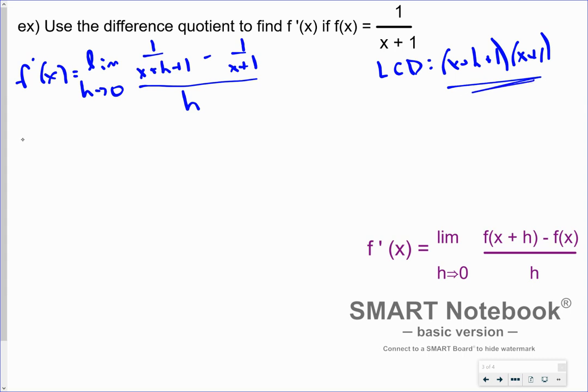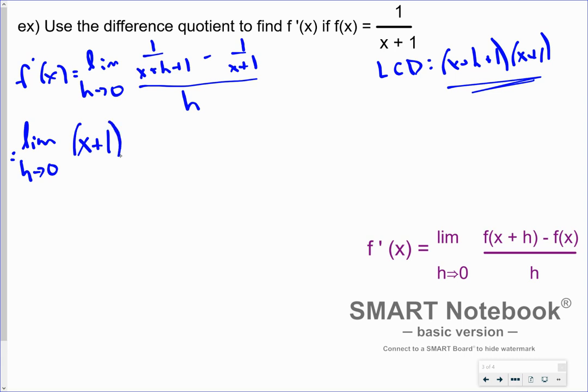So here we go. Let me first start off by writing the limit. Let's get the h's going to 0. And now when I multiply this throughout here, in the first go round, the x plus h plus 1 is going to cancel, but that x plus 1 is going to be multiplied to the top there.